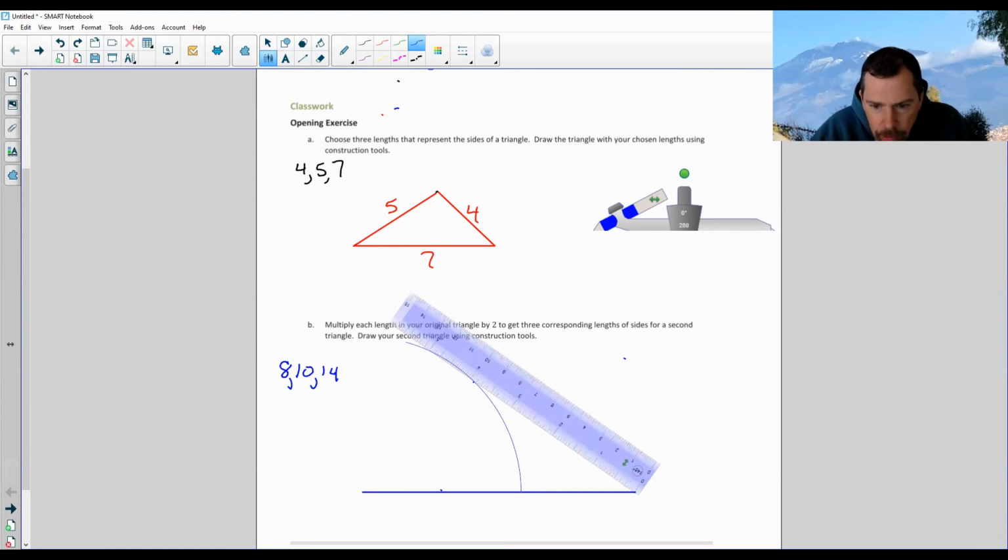Whoops. Why is that not recognizing my ruler? Huh. Usually it grabs right onto the end of the ruler, like so. It's not recognizing this side.